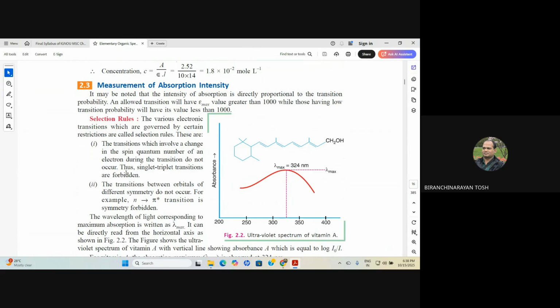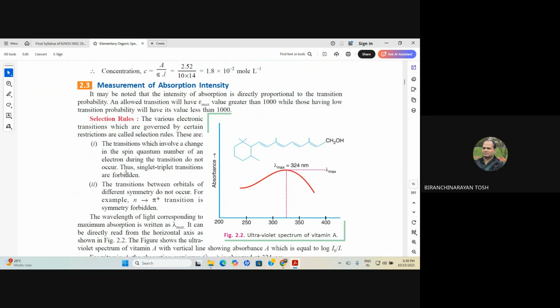So in that case, we say it is in singlet state because of 2S plus 1. Plus half and minus half will cancel, so S is 0. 2 into 0 plus 1 is 1. So it is singlet state.